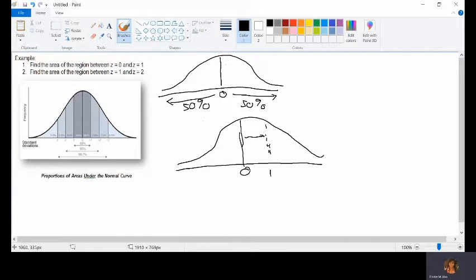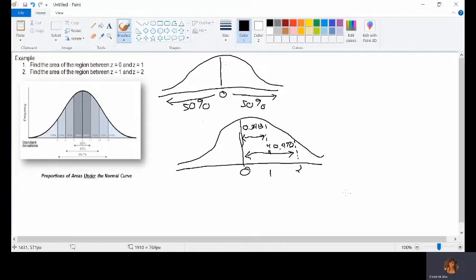So between 0 and 1, this is 0.3413. And then between 0 to 2, that will give us an area of 0.4772, right? Okay, we can do operations with the areas to identify more regions under the curve.